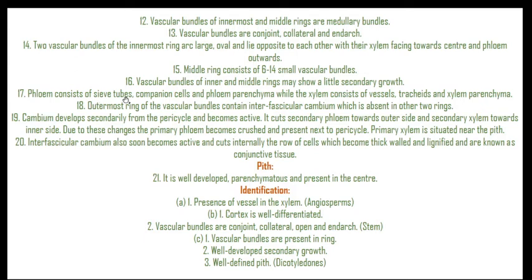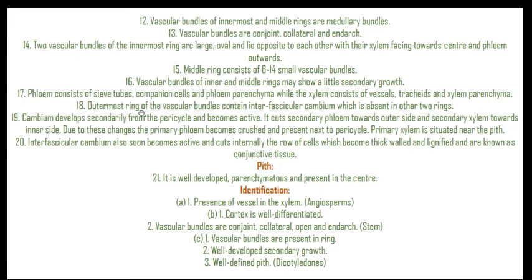Phloem consists of sieve tubes, companion cells, phloem parenchyma, while xylem consists of vessels, tracheids and xylem parenchyma. Phloem conducts food material and minerals, while vessels or xylem conduct water.